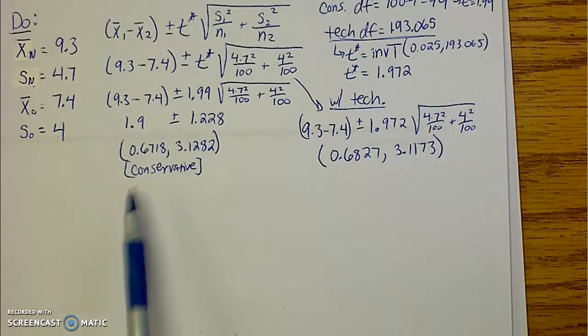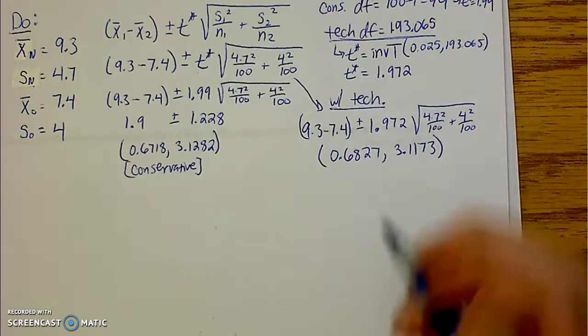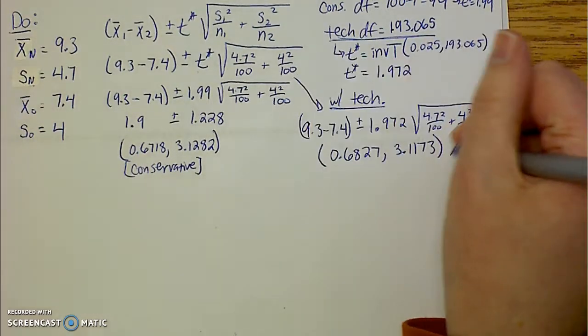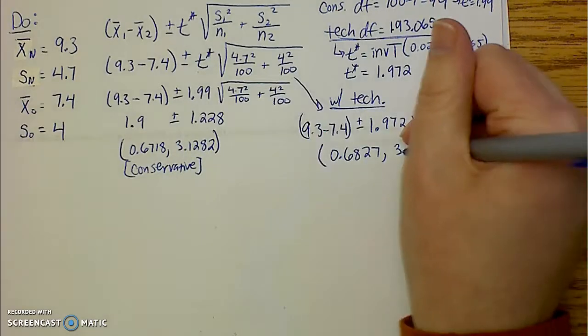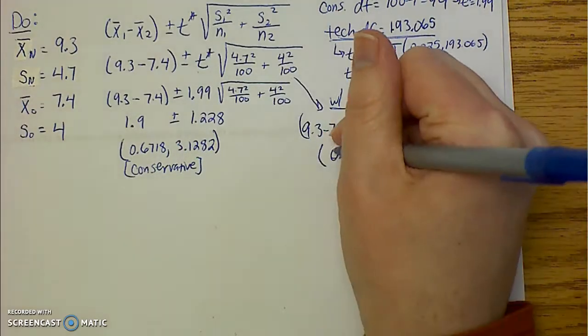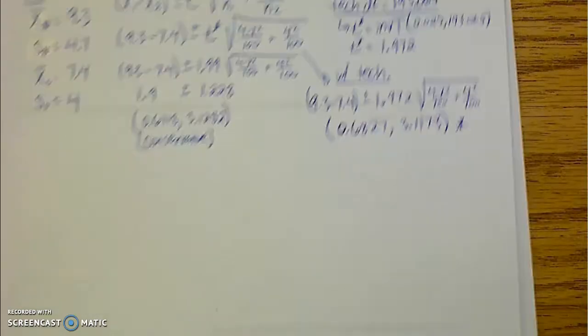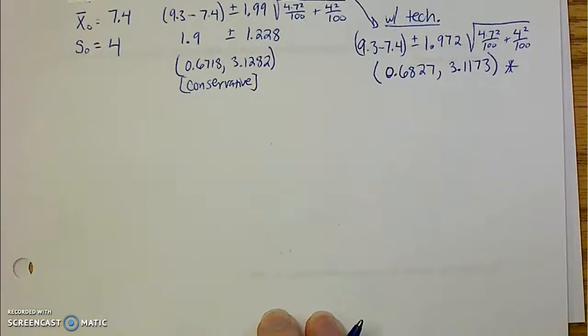So we have our interval. Yay. For my conclusion, I'm probably going to use this one just because it is the more accurate one, right? Less conservative. Gives us a narrower range. And you want to have a narrower range because it gives you less possible values for the difference in the means. So now we conclude.